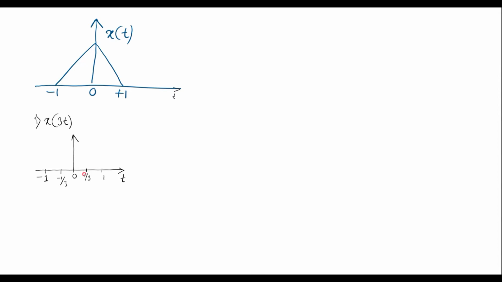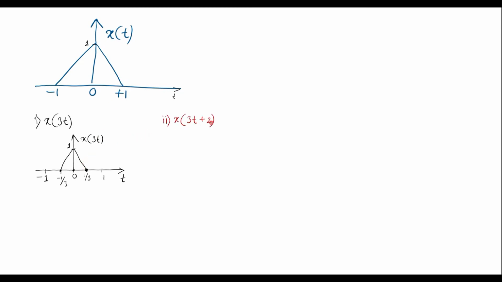So this point will appear here. Similarly 0 will be at 0 only. Minus 1 divided by 3, that is minus 1 by 3, and the amplitude of the signal is 1. So the amplitude will be the same, that is 1. So this is x of 3t, that is the compressed version of x of t.